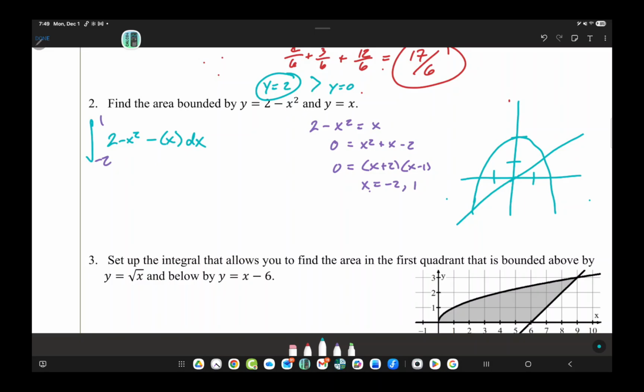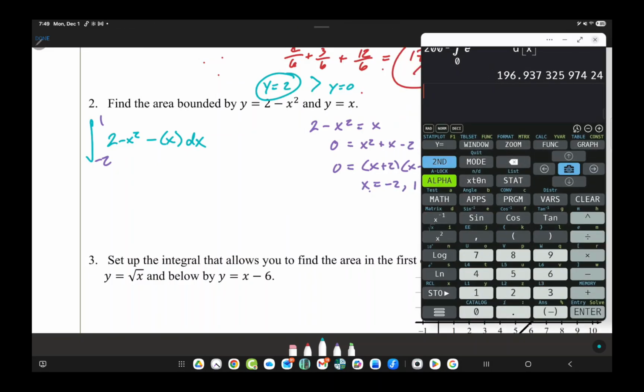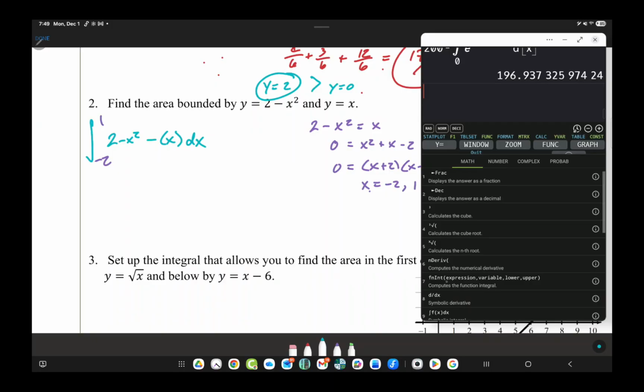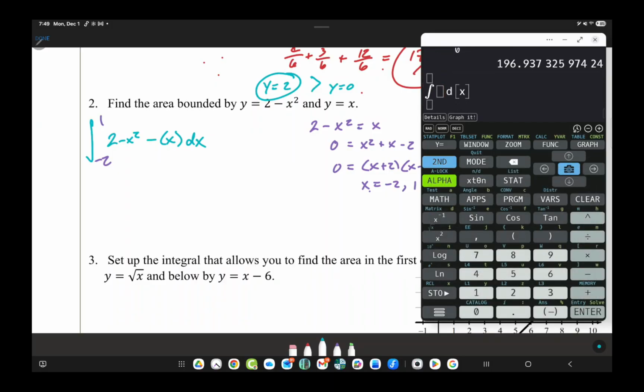Again, if we just put this in our calculator, because we can, math integral from -2 to 1. If we did set it the other way, so we set up x minus parentheses 2 minus x squared, we set up incorrectly, we get a negative area, negative 4.5. Are we ever going to have a negative area?